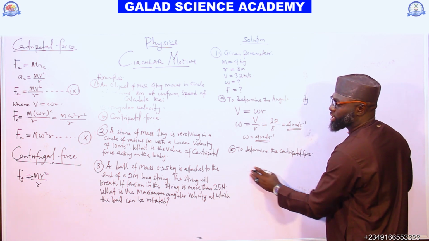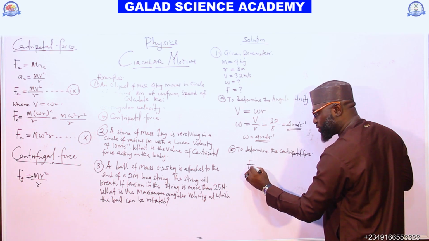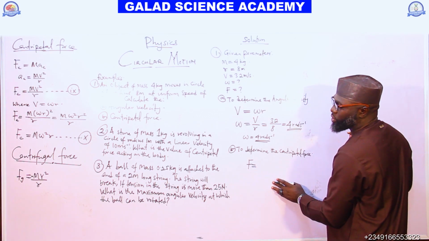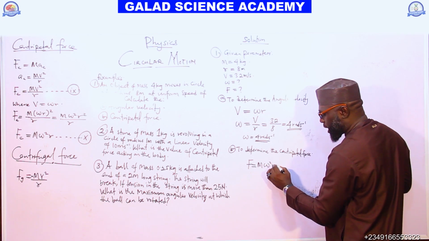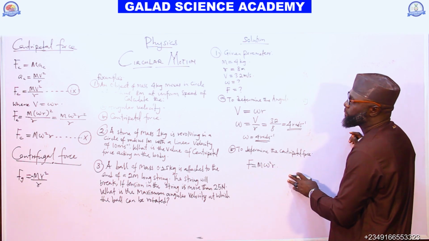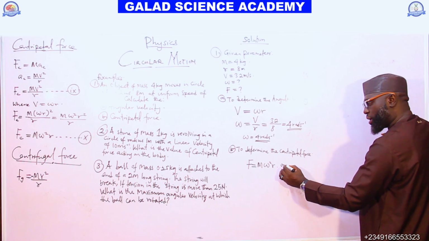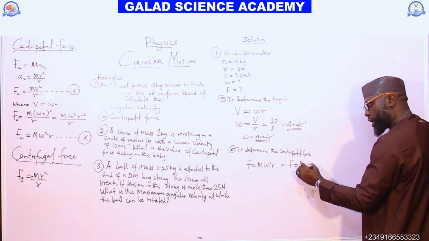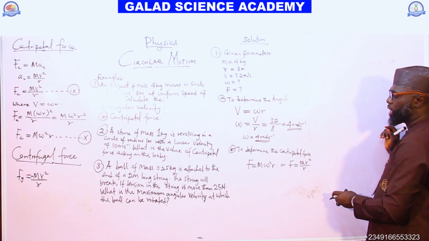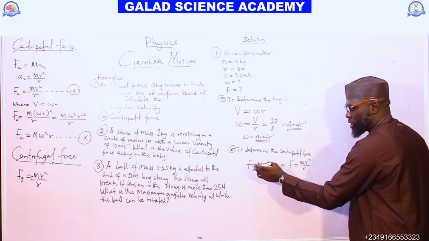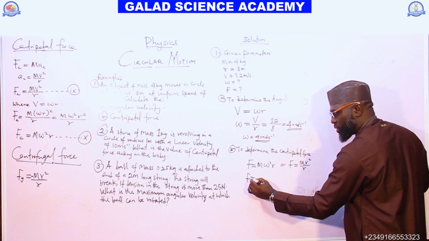This centripetal force formula is F equal to m omega square r. And we also have centripetal force equal to m v square over r. So anyone you like. So let us use the first one.